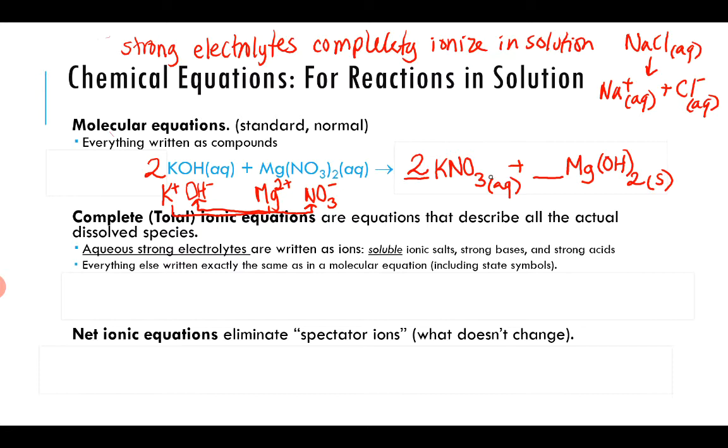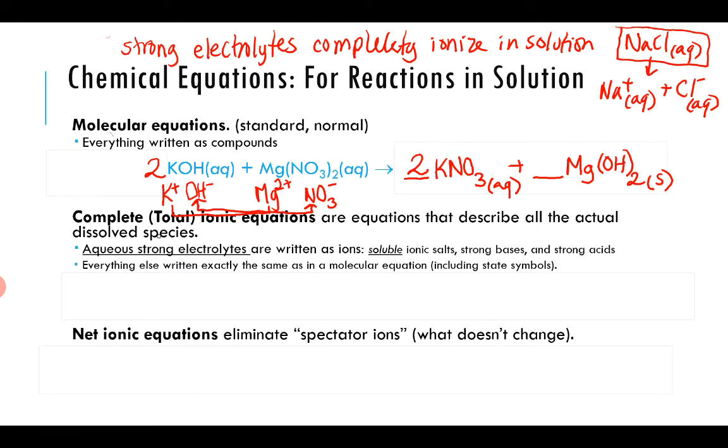Writing it like NaCl aqueous doesn't really represent what you have in solution. So we have other formats of chemical equations that help describe what's actually in solution and what's not.